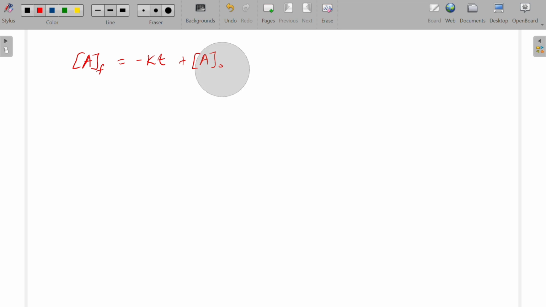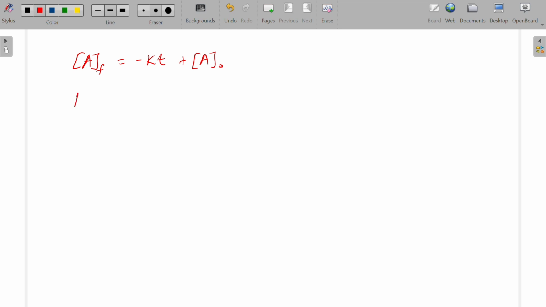Since we are looking for time, we are going to make the Kt the subject of the formula. Since this Kt is holding a negative sign and we want it to be positive, we're going to take it to the left side so that it becomes positive, and then we're going to take the final concentration to the right side, like that. So let's quickly do that.